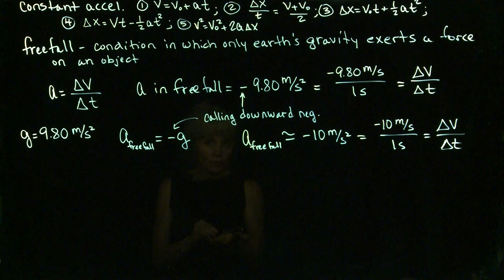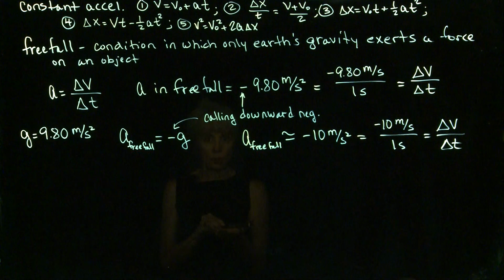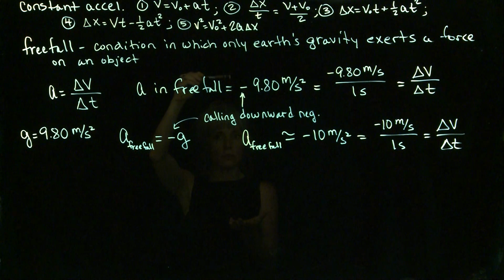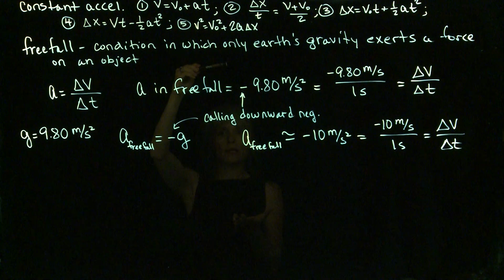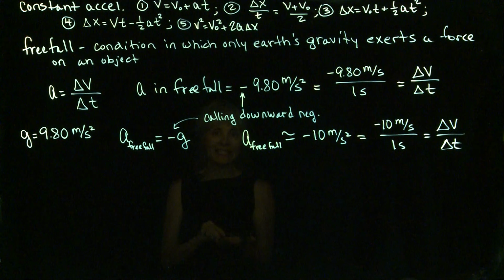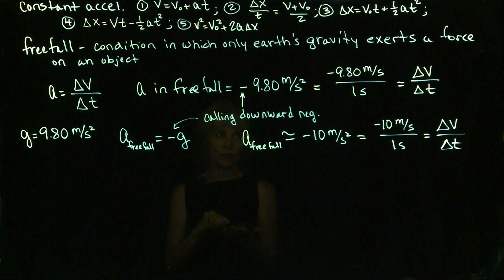So it leaves my hand with a positive 10 meters per second in velocity. 1 second later, in order to have become more negative by 10 meters per second, it must be at a velocity of 0. The next second, it has to become more negative still by 10 meters per second. So that means it would be traveling downward then, starting at 0, traveling downward at 10 meters per second.